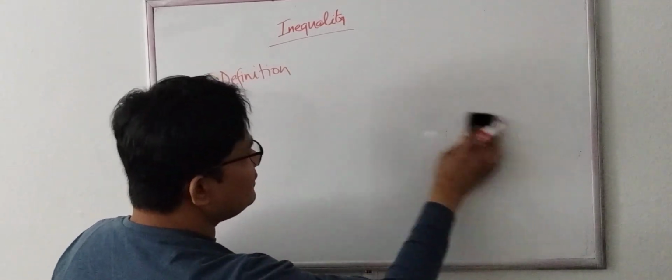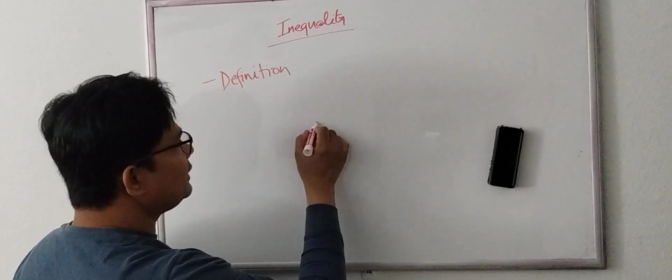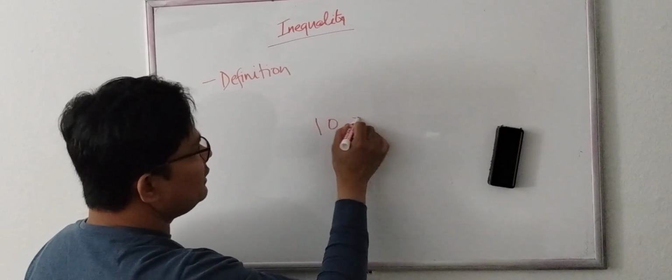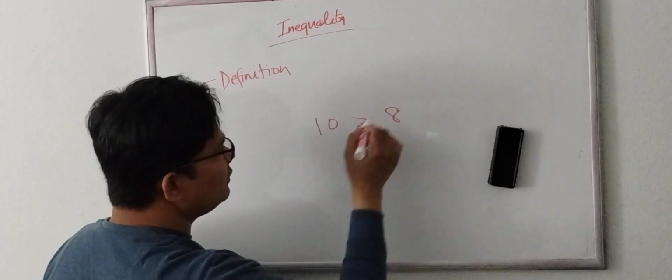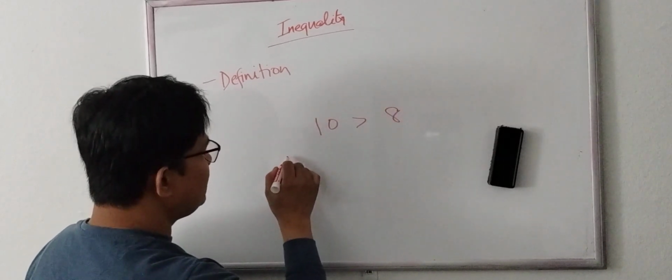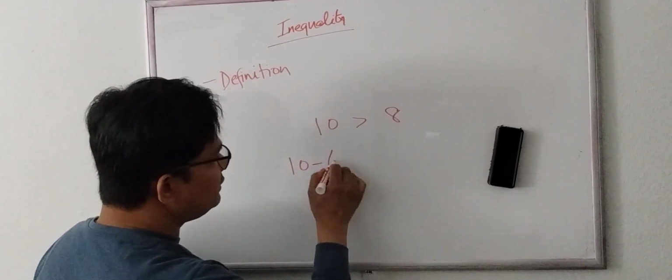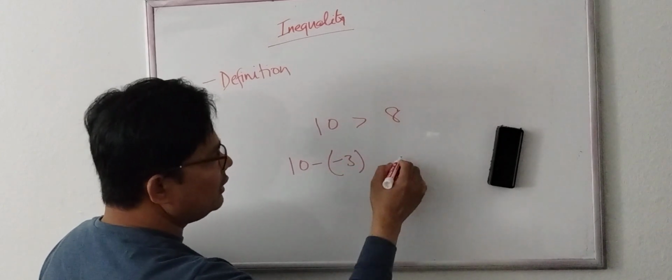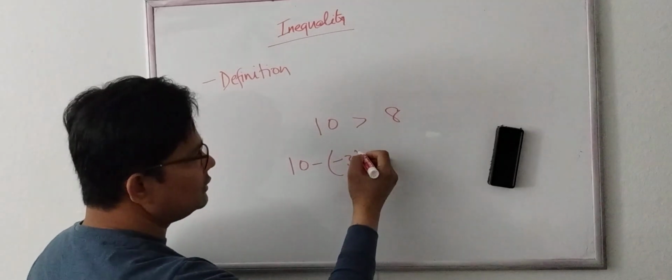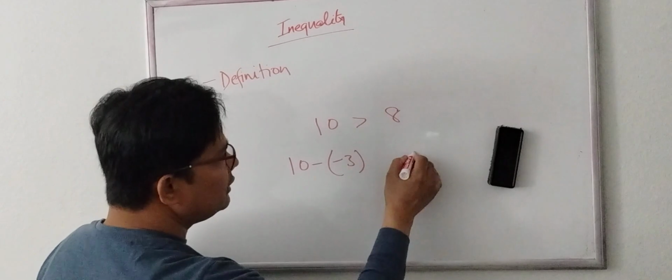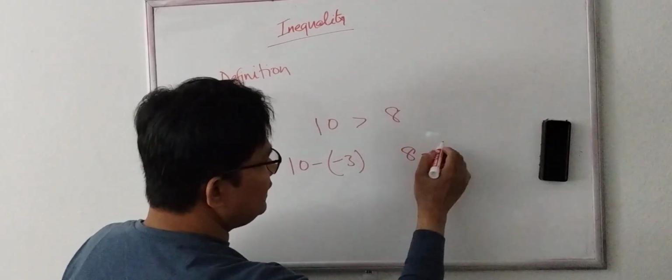And let's subtract a negative number. Another example: let's say 10 greater than 8, and you subtract -3. I'm not putting the relationship sign here, and then we'll see whether it changes or not.